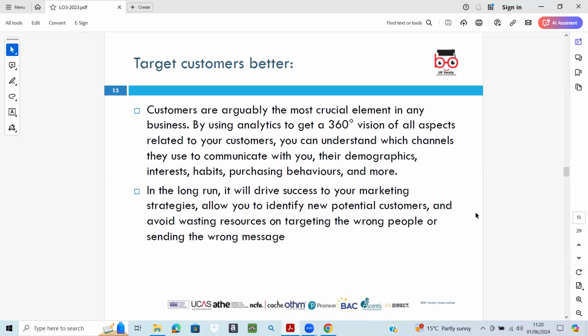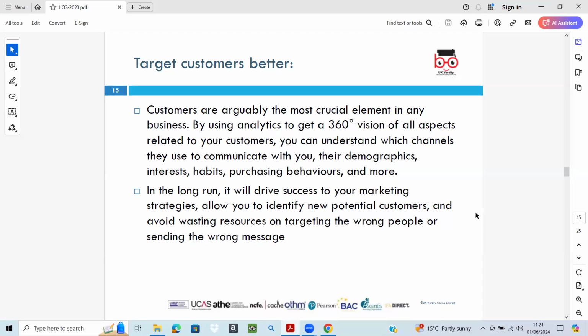When we talk about customer demographics, analytics provide valuable insight into customer demographics such as age, gender, location, and income level, enabling businesses to tailor their offerings to specific customer segments. Then they are talking about the long run. We'll discuss briefly about these.